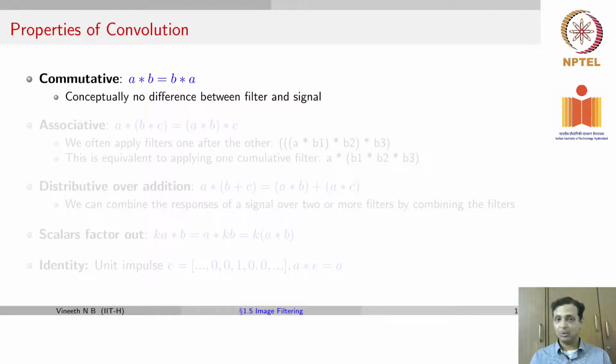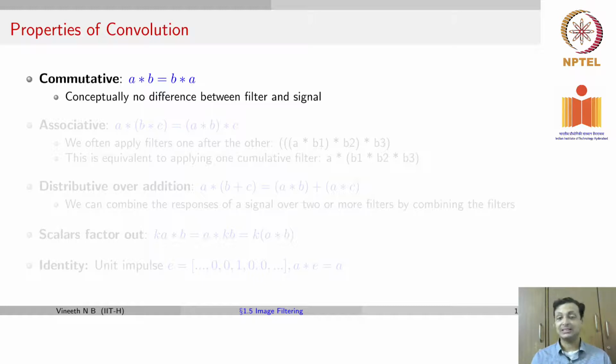Okay, so this is an important slide. We said that cross correlation unfortunately did not help us maintain an identity with the impulse function, whereas convolution did. And convolution has many more mathematical properties that make it an elegant operation.